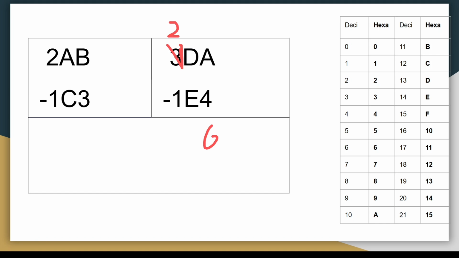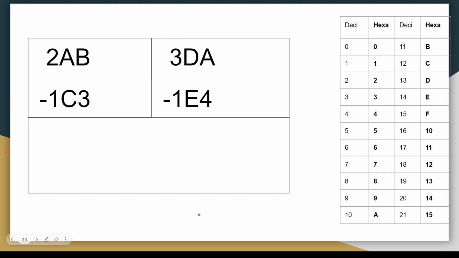D is equal to 13, so it'll be 29. So 29 minus 14, which is e, is 15. 15 is equal to f. And 2 minus 1 is 1. So 3da minus 1e4 is equal to 1f6 hexadecimal.